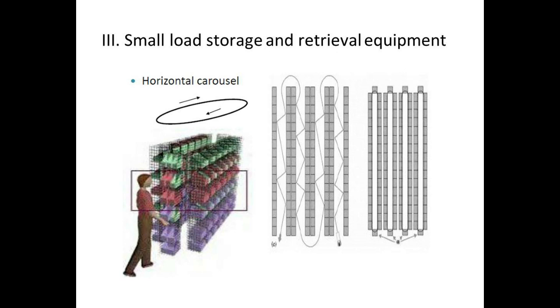You have different racks and different compartments, then you can rotate these in a circle. So these are the horizontal carousels. In horizontal carousels, you can keep items and very easily bring them for retrieval whenever needed.